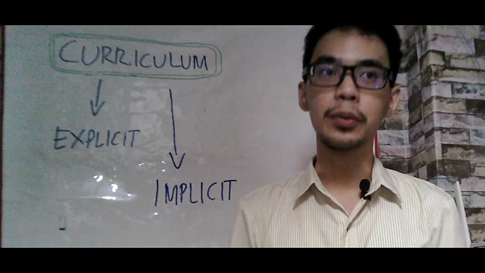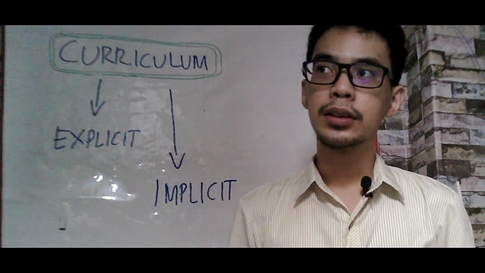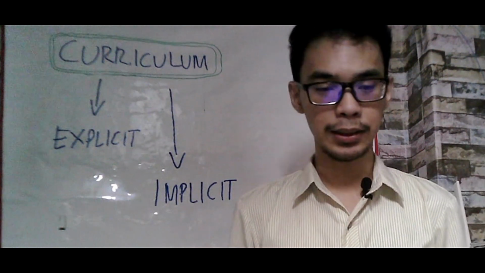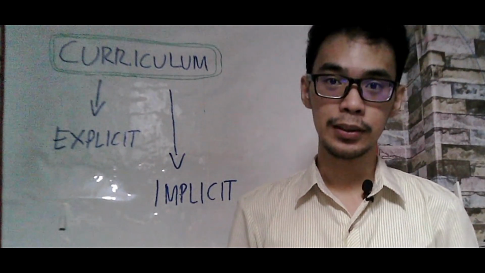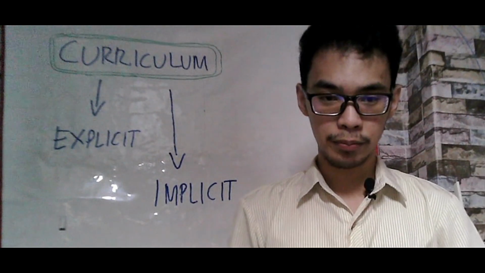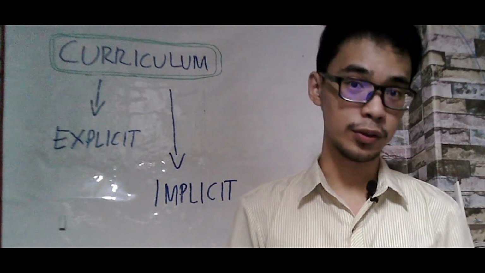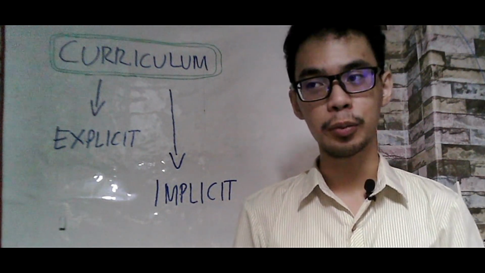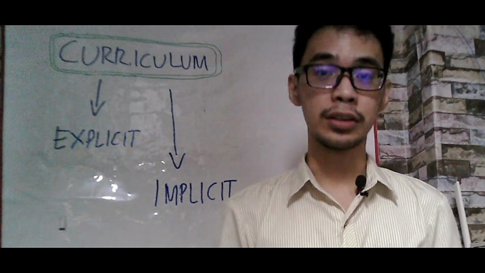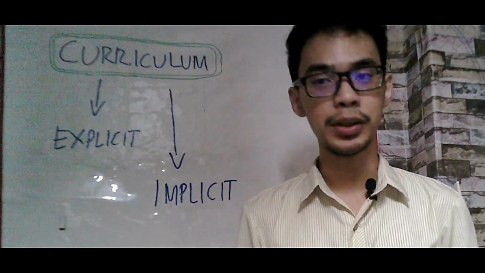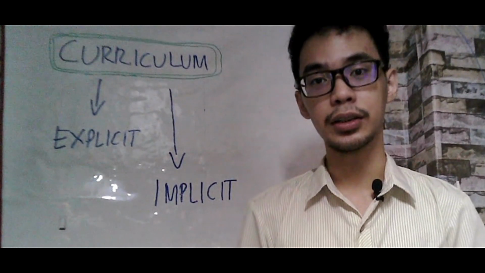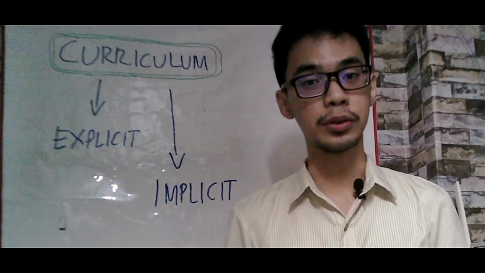Mostly, they're not written, and in fact, they're embedded in the school itself. Examples are the culture of the school, the general attitude or behaviors of the students and the teachers there, and the people, also the expectations set forth by the school administrators.